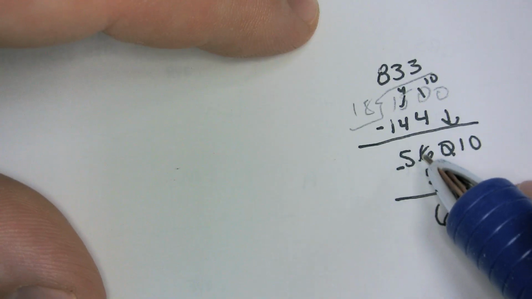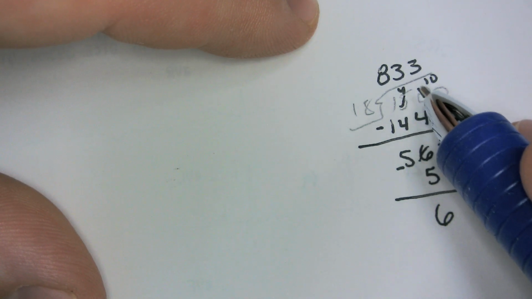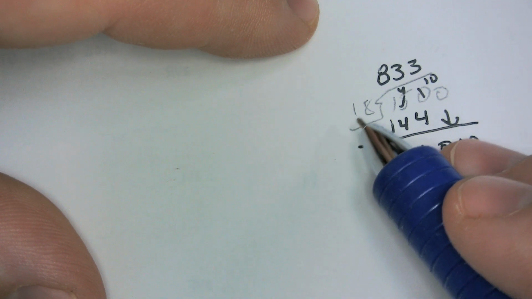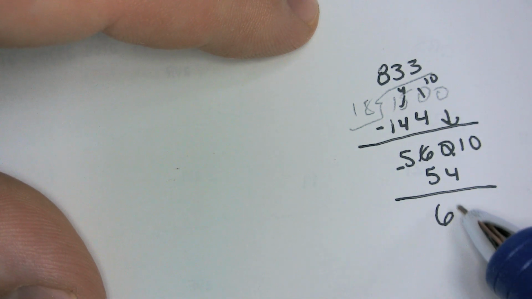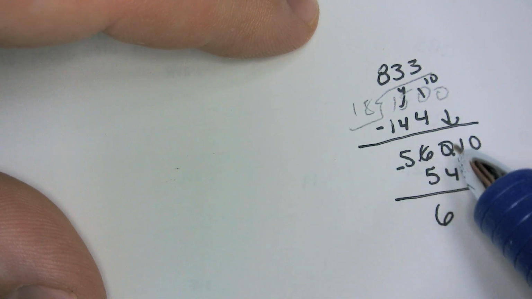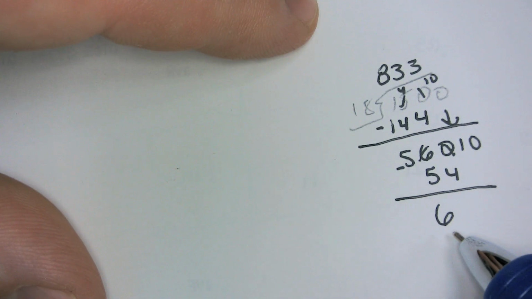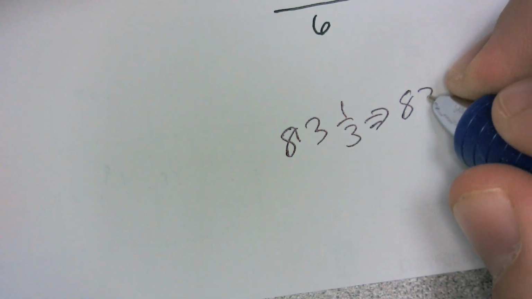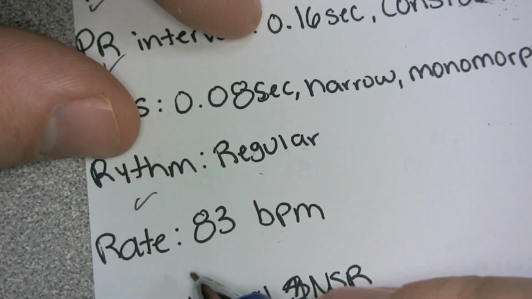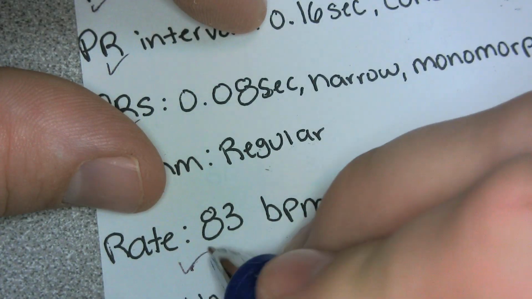So she got 60 minus 54, because 18 times 3 is 54. So you got 6, you got to carry, you turn the 0 into a 10, so you got a 5, and that's 6. So what she has is 83 and 1/3, which is going to round to 83, which is what she got over here. So check on that.